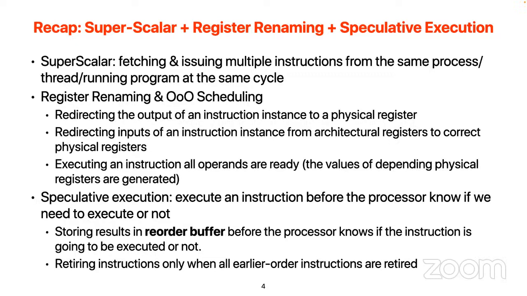To support speculative execution, you need a reorder buffer, which is a place that can buffer all the results or the status of all instructions that are still not 100% certain yet. Once we figure out something is wrong, we can flush their results.